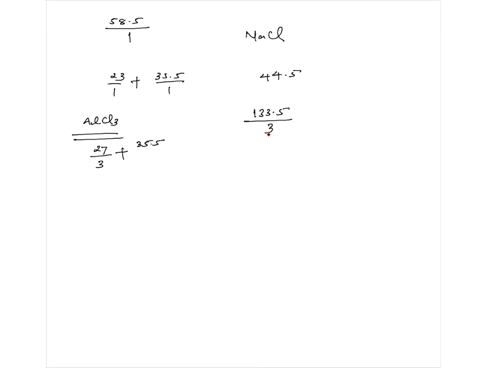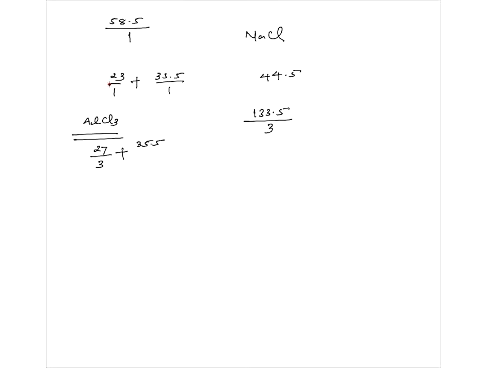There is an alternate approach also. That's what you are seeing here. I have discussed one approach. An alternate approach is like this. It says equivalent weight is the sum of the equivalent weights of various parts, that is cationic part and the anionic part.